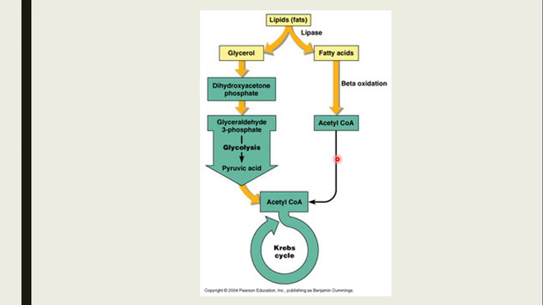Okay? So with your lipids, the fatty acids are what undergo beta oxidation. And as we all know, a certain lipid could also have glycerol areas. Triglyceride is one example of lipids. So the glycerol could just directly enter your glycolysis. As you can see, it is made into dihydroxyacetone, and then it will be converted to pyruvic acid.